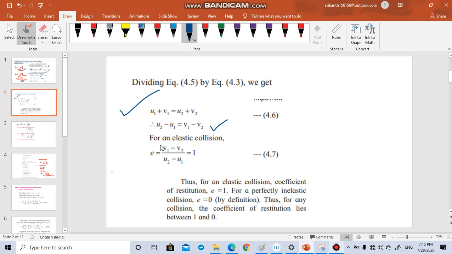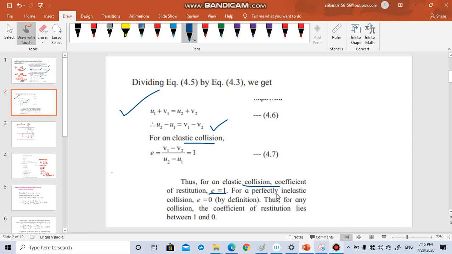But what is this ratio? This ratio is the coefficient of restitution. So when E is equal to 1, it is a perfectly elastic collision. I mentioned this in my yesterday's lecture, and theoretically also we have proved it. So for an elastic collision, the coefficient of restitution is 1.